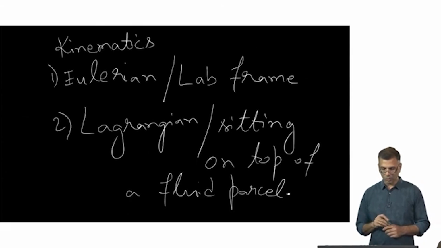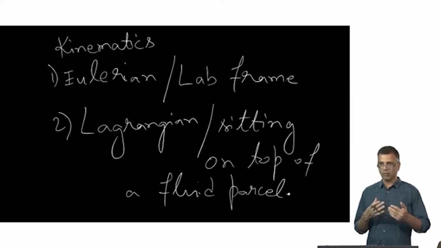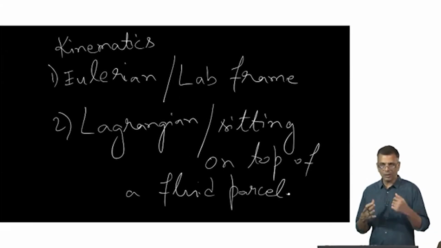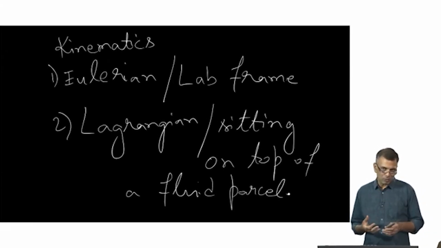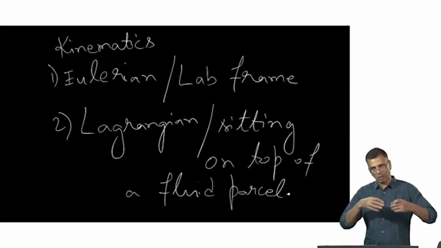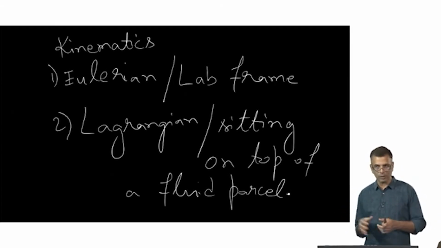So the Eulerian description would be the description of a fluid as if you are standing outside of the actual fluid. Say you're watching the fluid flow by in a pipe. The Lagrangian description would be what an observer would observe if he or she were sitting on top of a fluid parcel. And before we went on, we took a little bit of time to define what a fluid parcel is.